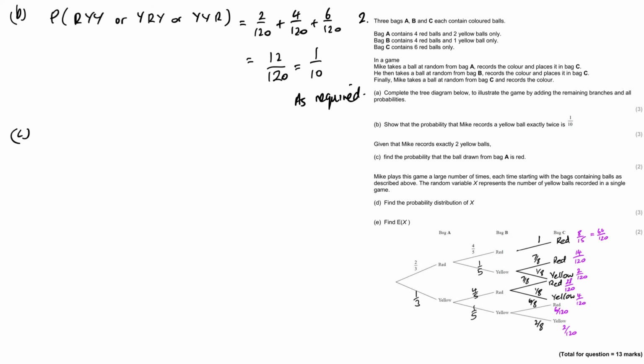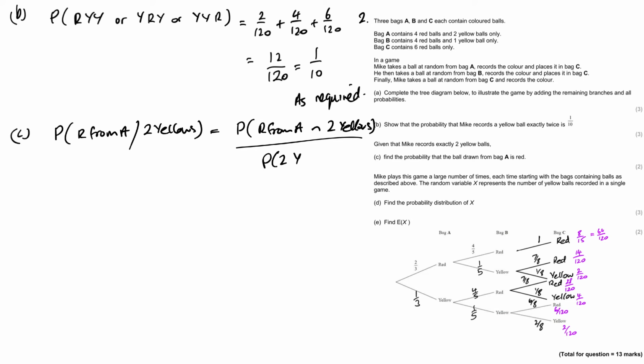Now, part C says, given that Mike records exactly 2 yellows, find the probability that the ball drawn from bag A is red. Okay? So we're looking at the probability that it is red from A, given that there are 2 yellows. So we're looking at probability of red from A and 2 yellows over the probability that we get 2 yellows.